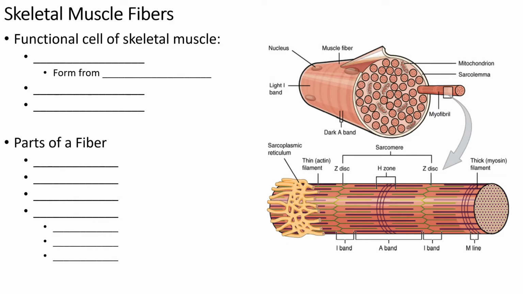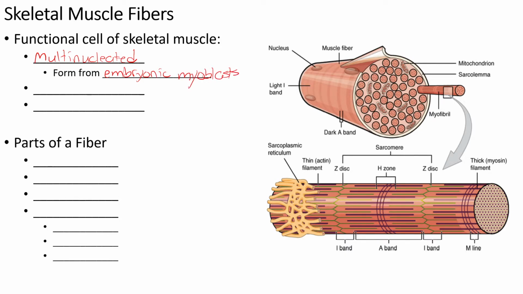So all muscle cells or fibers, depending on how you want to call it, mean the same thing. They are multinucleated, which means they have several nuclei. I think they have 10 to hundreds of nuclei, depending on the length of the muscle. And they originate from embryonic myoblasts.